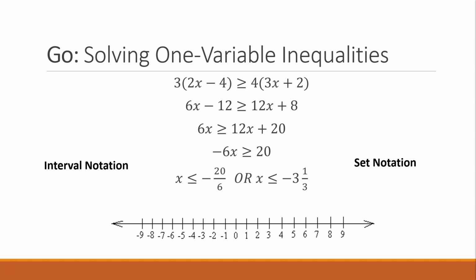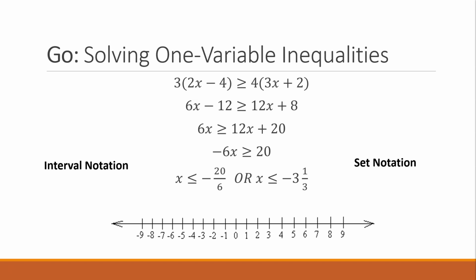The result is x is less than or equal to negative 20/6, which simplifies to negative 3 1/3. So the solution set will include all real numbers less than or equal to negative 3 1/3.